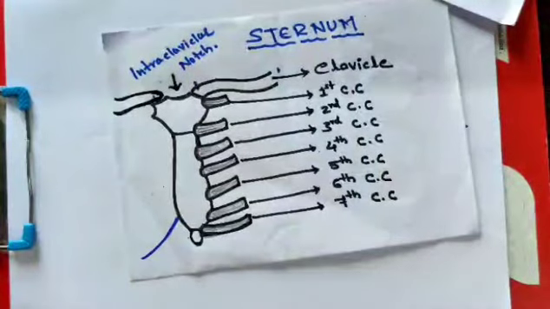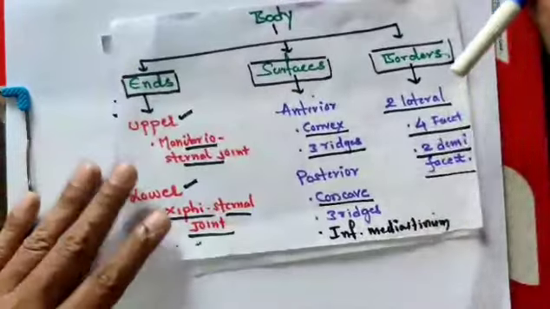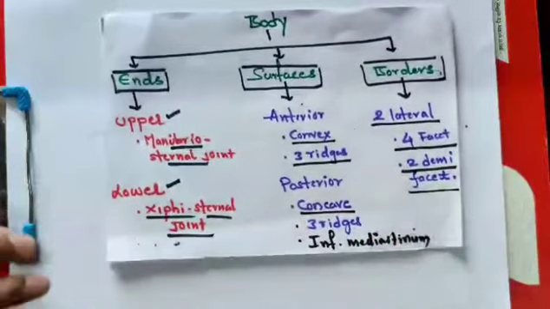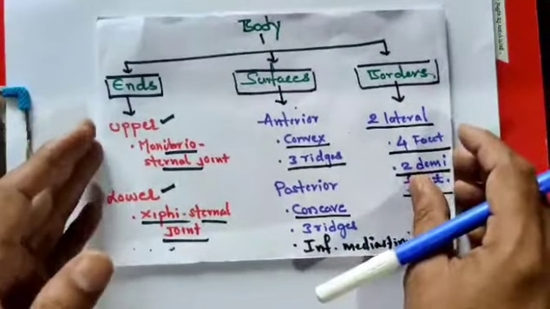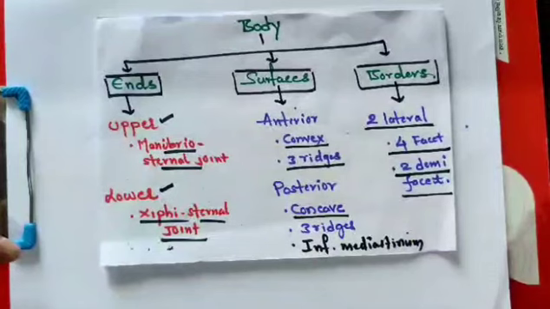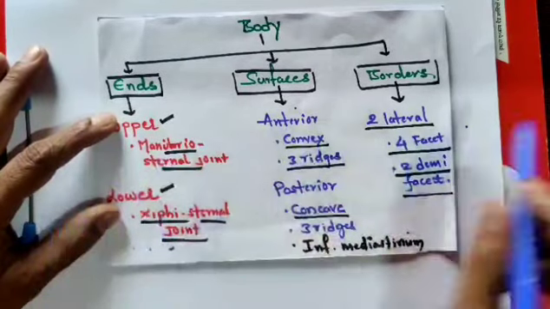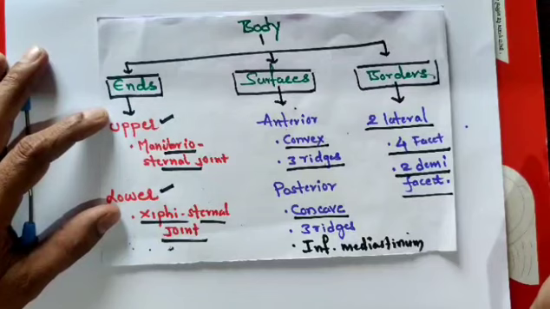And after the manubrium sterni, next we are going to discuss the body of the sternum. So this is the body of the sternum. The body of the sternum is elongated and extends from the manubriosternal joint to the xiphisternal joint, and anatomically it is divided into parts.